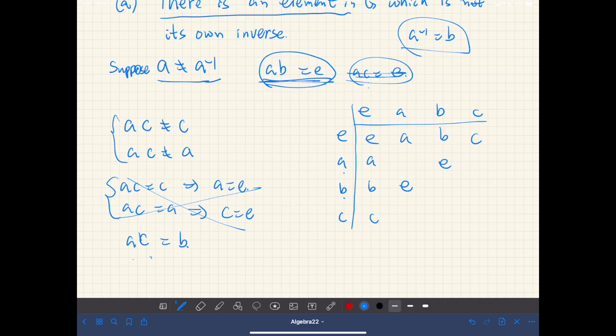So we can assume AC is equal to B. There are no other possibilities. And from this, look at this row. We have A, E, B, and the only missing element must be C here, because the elements in a row must be distinct. And now look at this column. We have A, C, E, so the missing element is B.